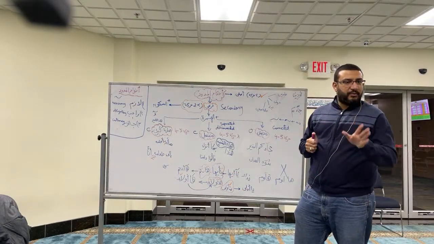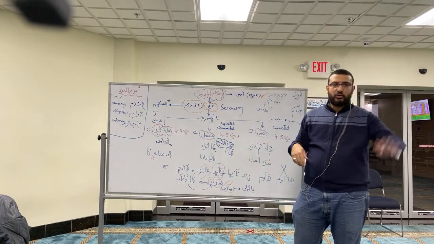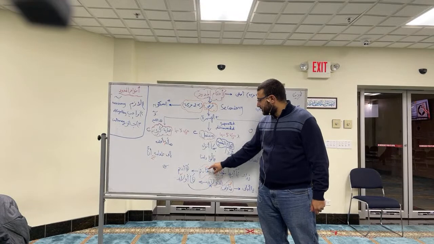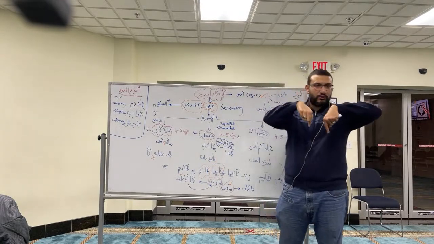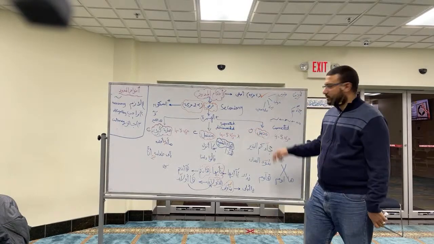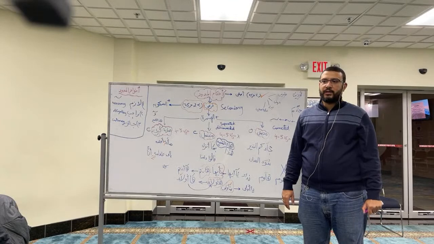Unless we find another example which we have missed, whenever you see a mad in the middle of the word, then it should be muttasil. These are the exclusions, these are the exceptions where the mad looks like it's in the middle of the word, but it's actually munfasil. منفصل is disconnected, متصل is connected. Clear inshallah? Any questions?